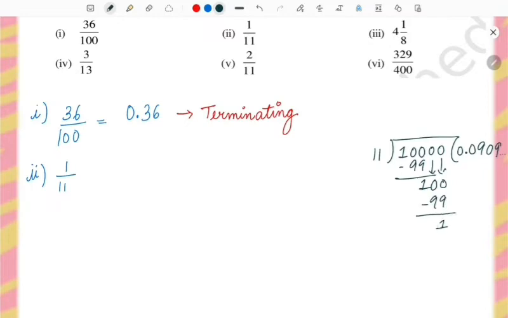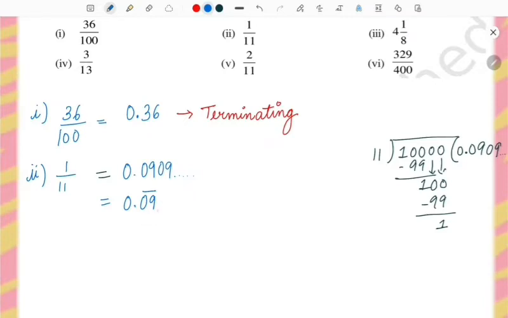So the decimal expansion for this one would be 0.0909 dots, because the remainder is not coming out to be 0. We learned that expansion like this can also be written as 0.09 bar, because it is repeating, so we can write it as 0.09 with a bar.